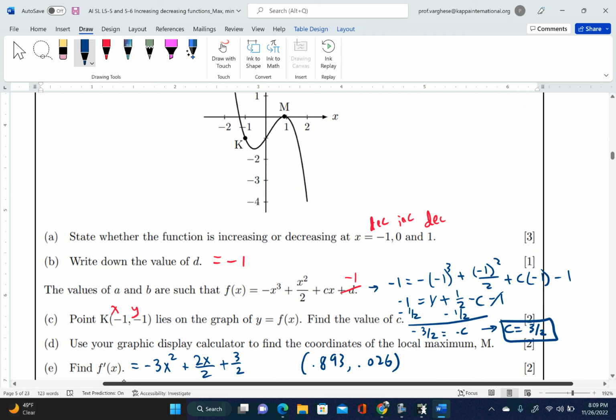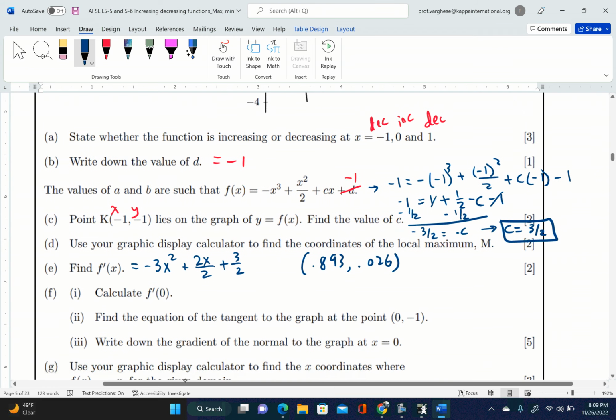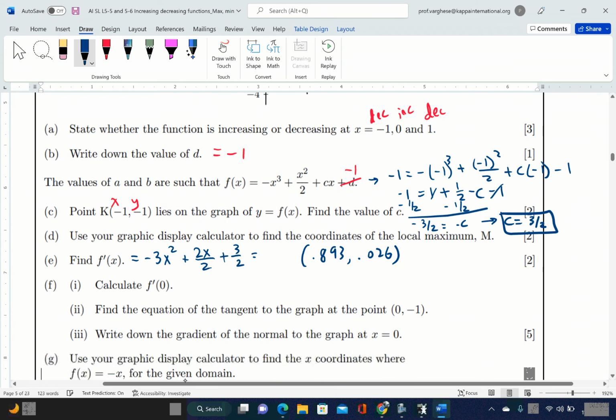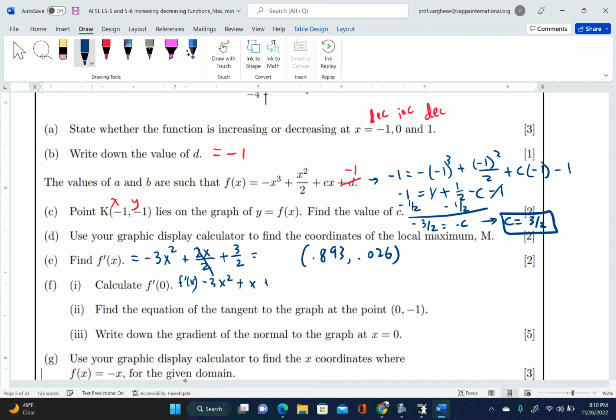We don't need to put the x, and this goes away. So there's my derivative. I can make this a little bit better by writing it as f prime of x equals -3x squared, plus, this cancels out, x plus 3/2. So there is my derivative, okay?